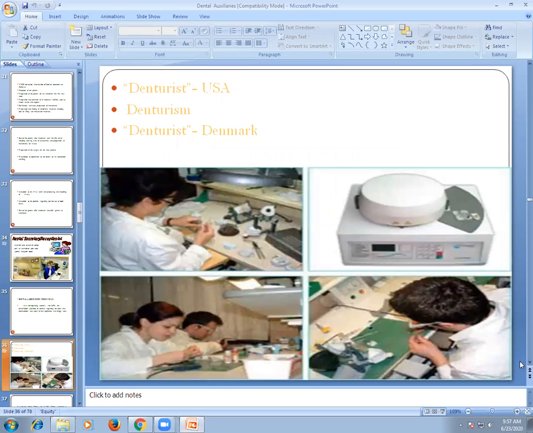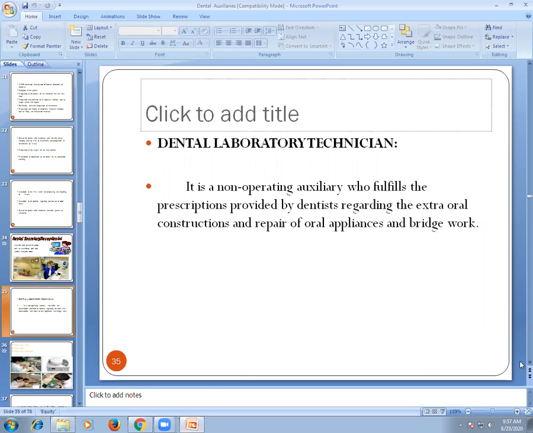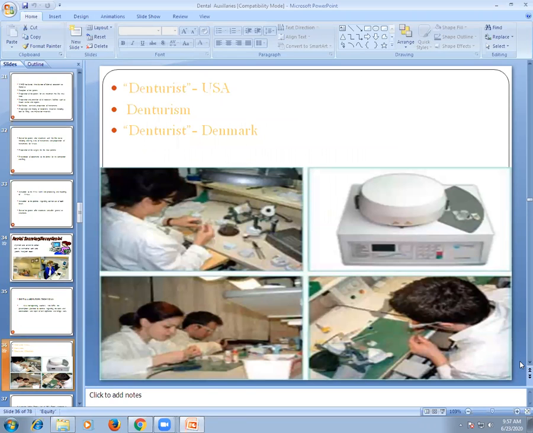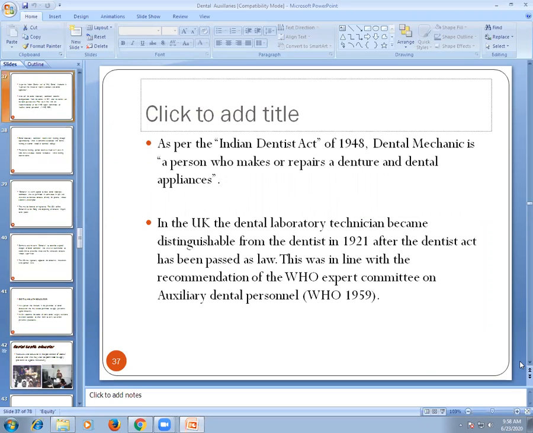See, these are the laboratory technicians. As per the Indian Dentists Act of 1948, a dental mechanic is a person who makes or repairs dentures and dental appliances.